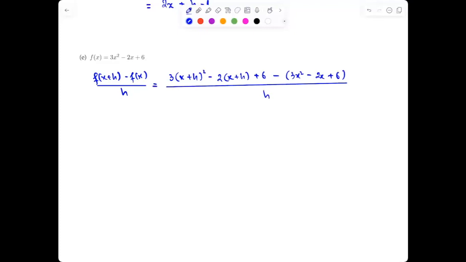So at this point, you're going to expand everything and then combine like terms to simplify the numerator. Right. So here, x plus h squared, you can see on the board what we did here.